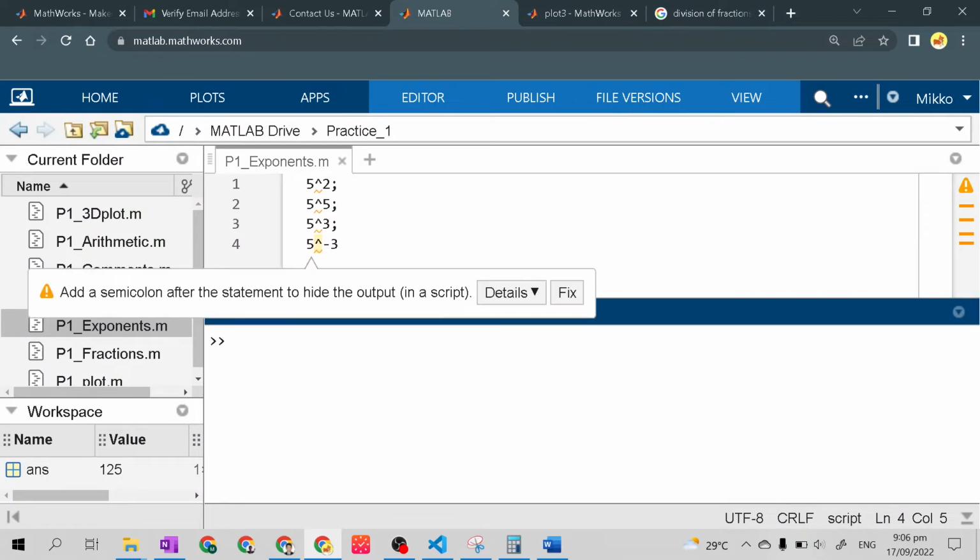We will get the reciprocal of 5, so it is 1/5.